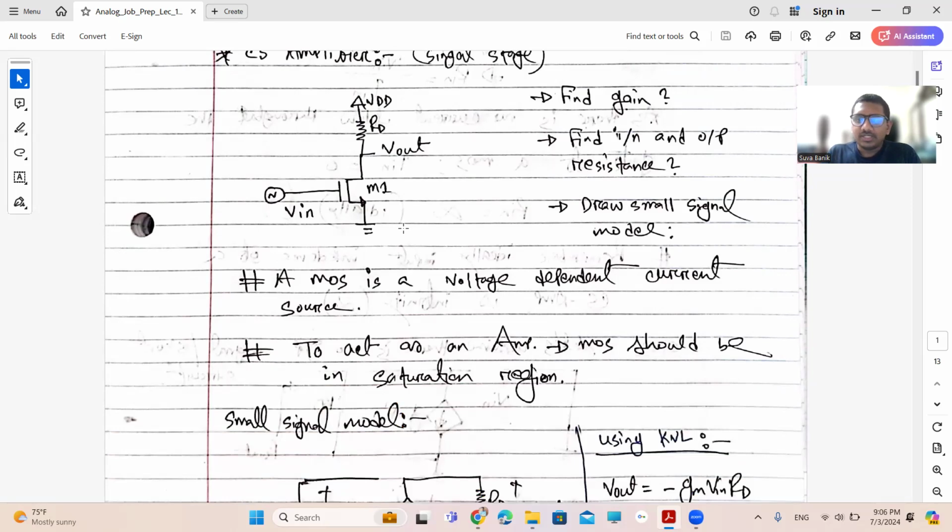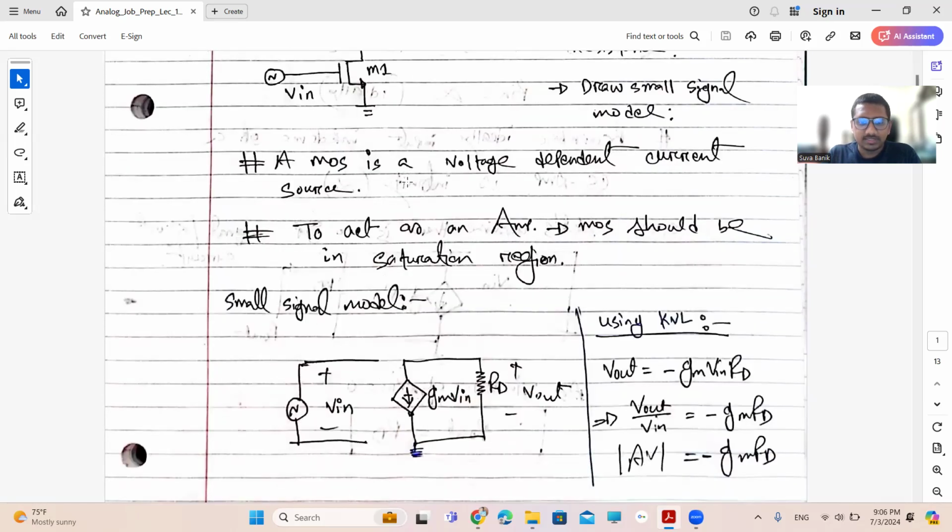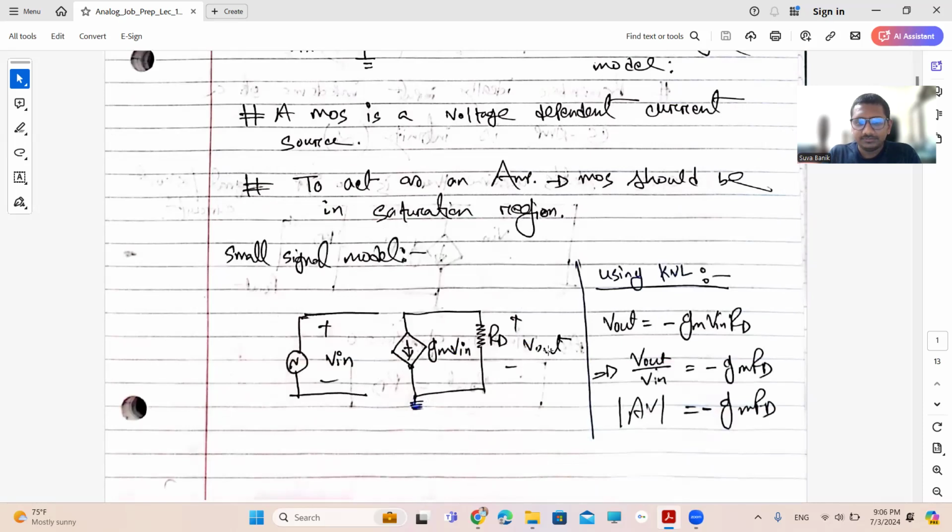A MOS is a voltage-dependent current source, and it acts as an amplifier. To act as an amplifier, a MOSFET should be in the saturation region. And the small signal model of this simple circuit looks like this.